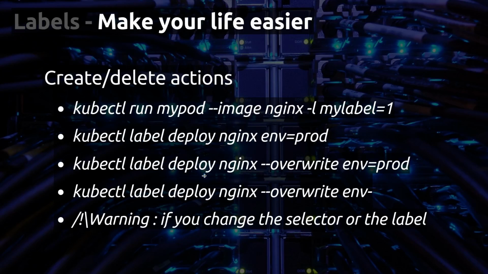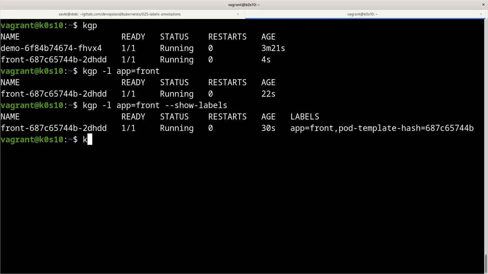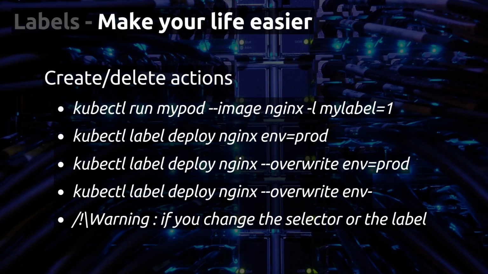Now, how to add a label? This is exactly the same command line with annotations, so I won't do that with an annotation, but we can do it for a label. You can add a label with kubectl label, specifying what we want to change.